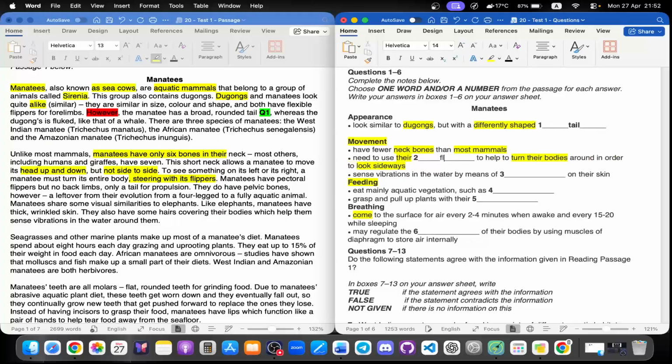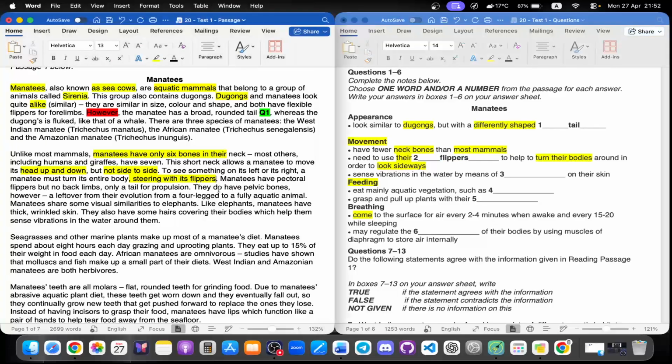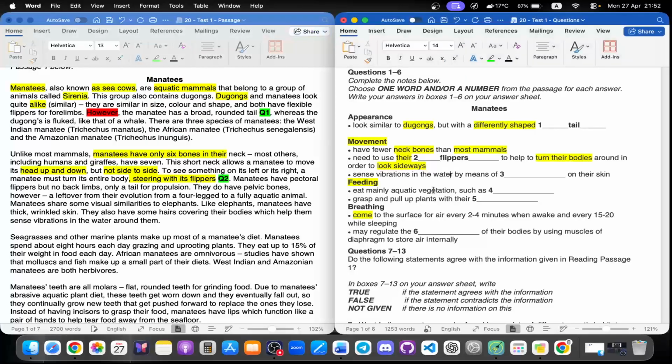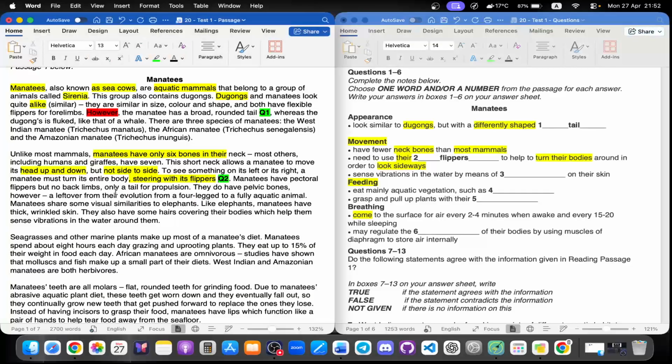You could basically copy and paste it, so it's not necessarily for you to do so. Flippers, there you go. Sense vibrations in water by means of something on their skin. Manatees have pectoral flippers, but not back limbs, only a tail for propulsion. They do have pelvic bones, however, left over from their evolution from a four-legged to a fully aquatic animal.